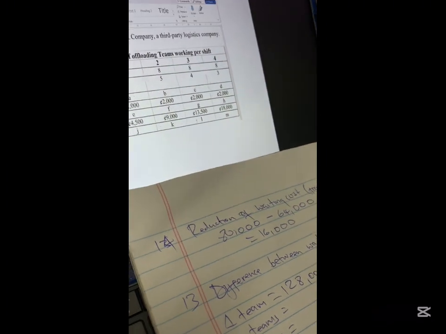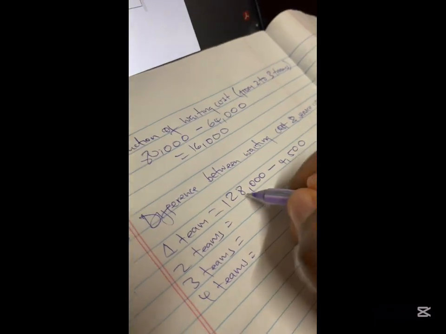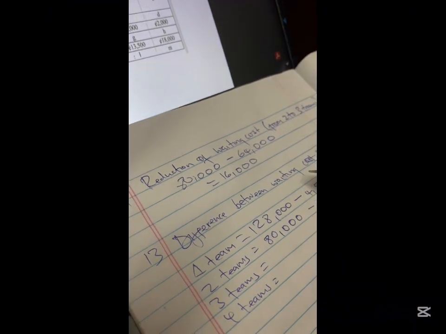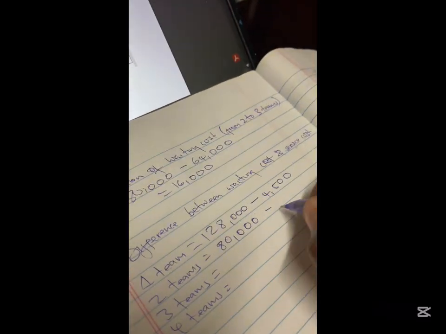We go again to team 2. For team 2, the waiting cost was 80,000 and their service cost was 9,000, so it's 80,000 minus 9,000.